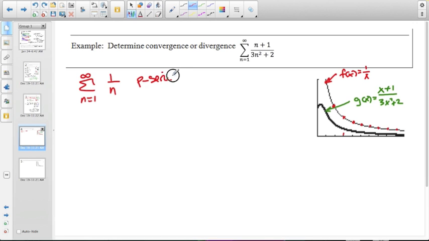And a lot of these comparison exercises will be really simple, either p-series or geometric series, something of that fashion. P here is equal to 1. So we know that this series then is divergent because of the p-series test. We'll just call it PST.